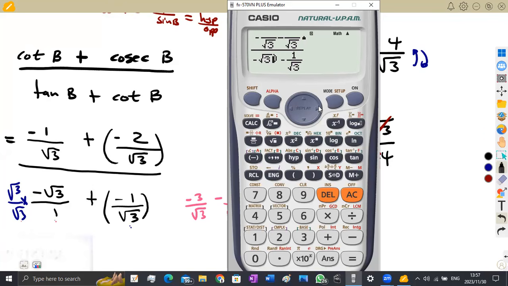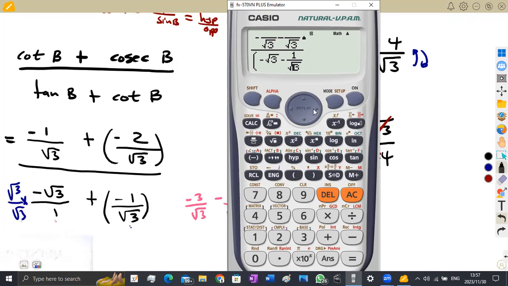Maybe our calculator is confused with a lot of things. I'm just going to put a bracket here. Let me remove this bracket, close it here. Our calculator now is confused. There are a lot of fractions, a lot of this and that.